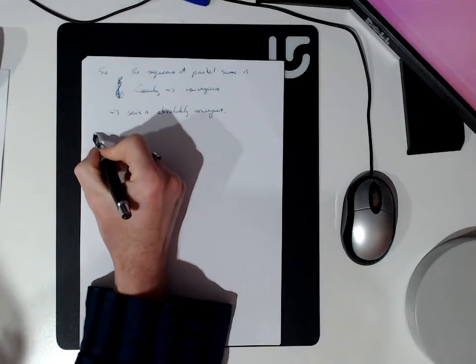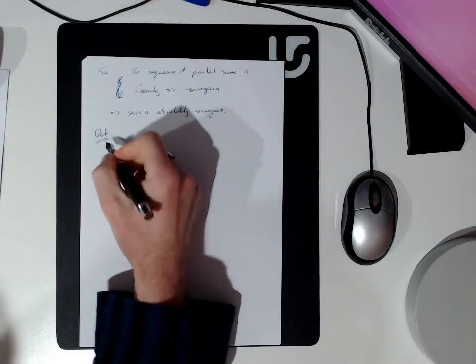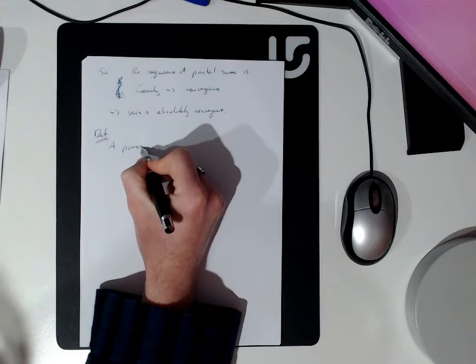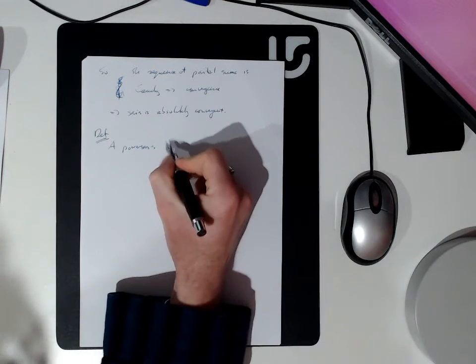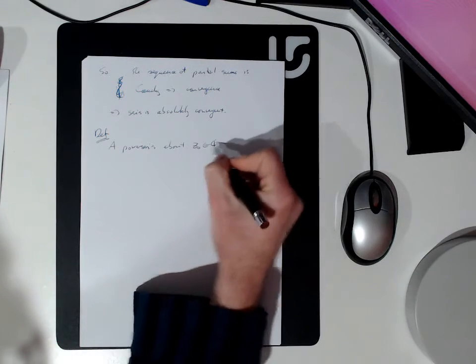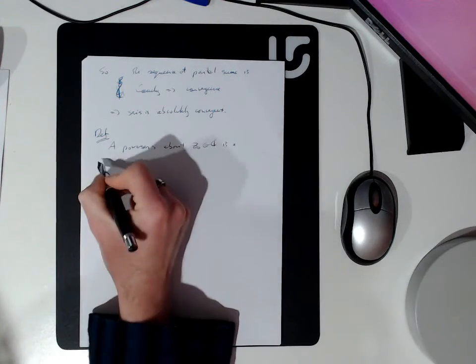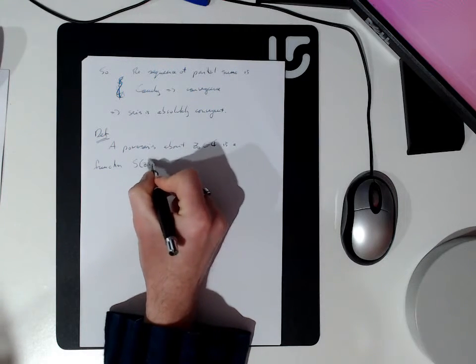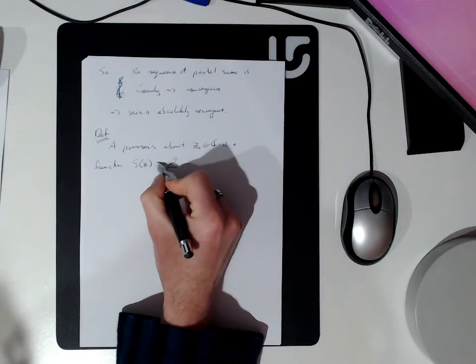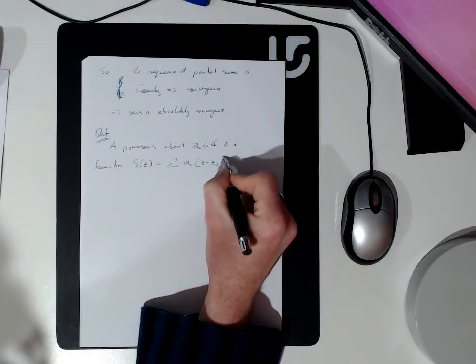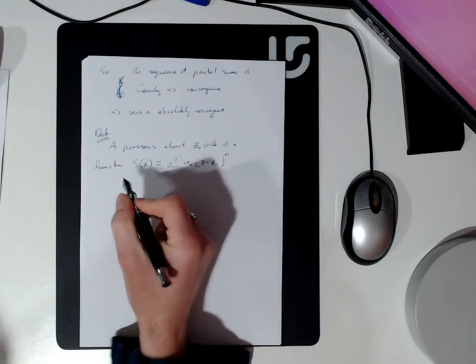Okay, lastly, a slightly more general definition of a power series. A power series about z0 inside the complex numbers is a function S(z) equal to the infinite sum of a_n (z minus z0)^n.